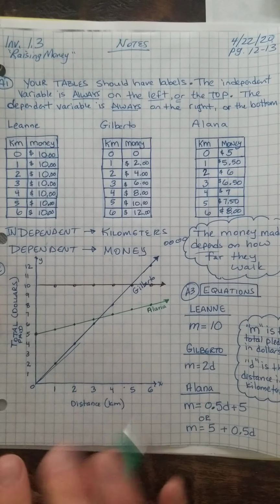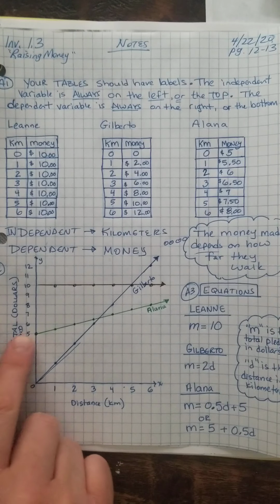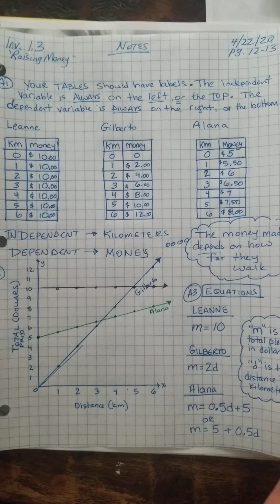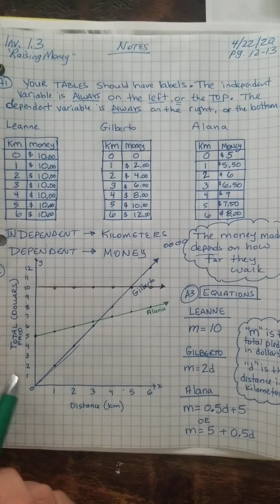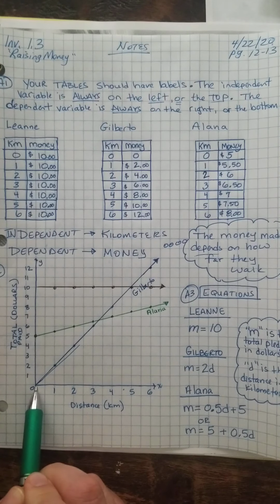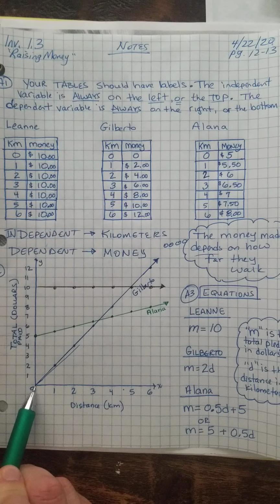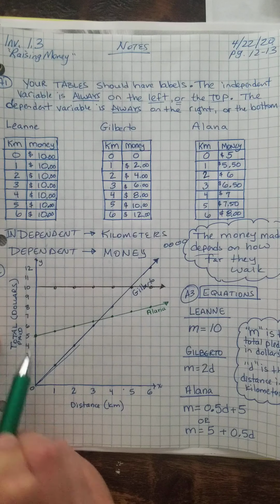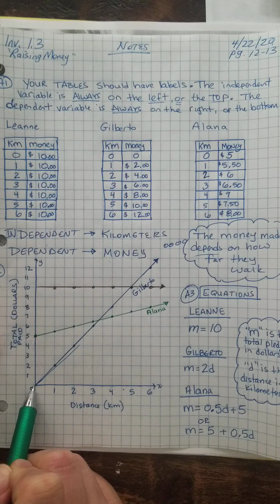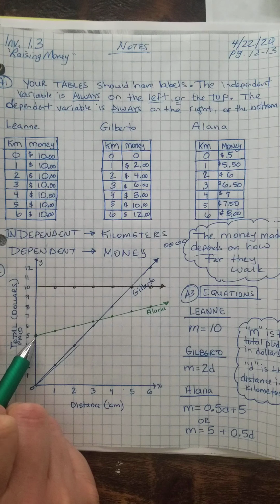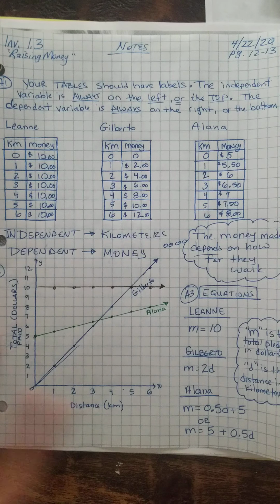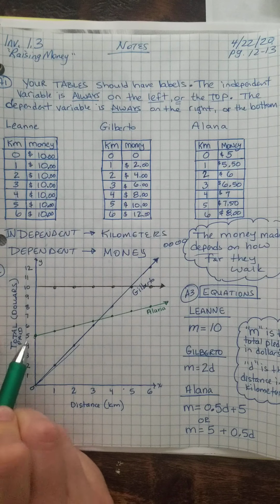Alana has stair steps too, but if we were in class, I would ask you, what's going on with Alana? What's different about Alana's graph comparatively to Gilberto's? You'll notice she starts at 0 kilometers and she already has $5. So no matter what happens, she will make $5.